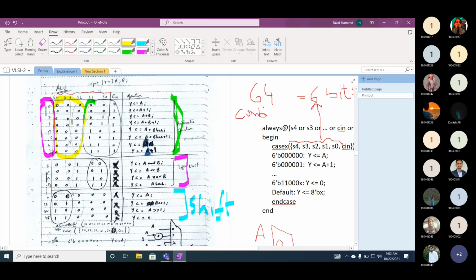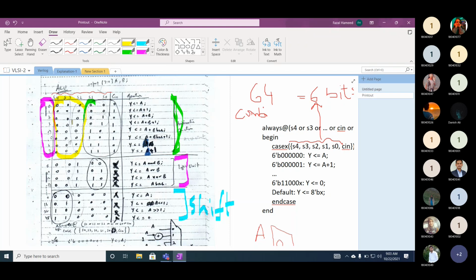It means that when S4, S3 and S2 are 0, 0, 0, which type of operation is this? Arithmetic. First you have to define that this is an arithmetic operation, and that it will be an arithmetic operation when S4, S3 and S2 are 0, 0, 0. Otherwise, it may be logical or shift or any other type of operation.